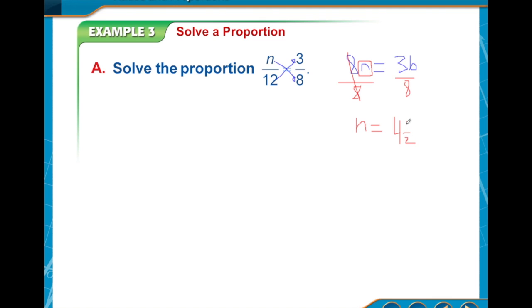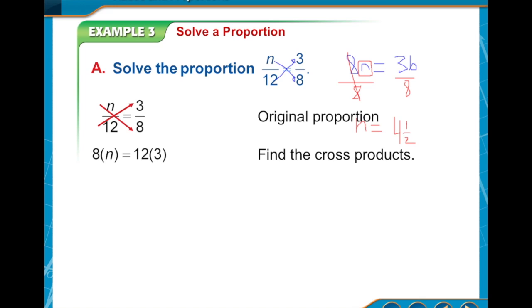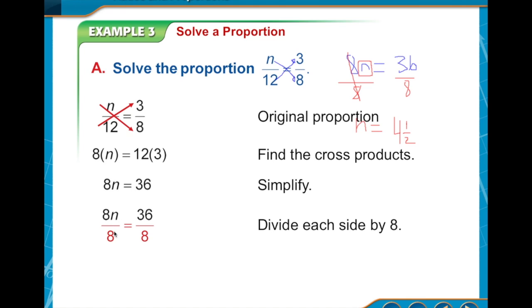So let's double check that those steps are correct. So take your original. You take the cross product like we did. You get this here, 8n equals 36 like we found. And now to get n by itself, you need to get rid of the 8. You do that by dividing here since these are tied by multiplication. 8n over 8 equals what? The 8's cancel out like we saw on the left.